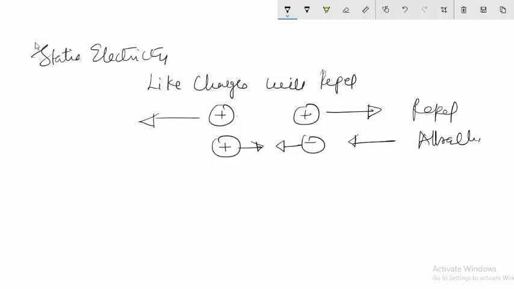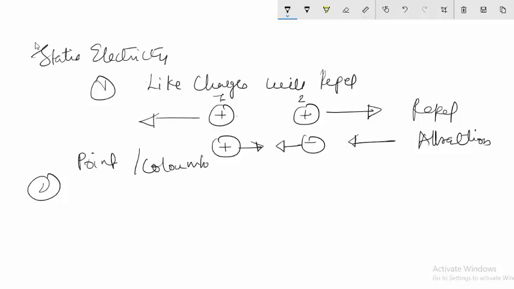The second thing about static electricity is that when you consider the force between two charges, we consider the charges to be point charges while defining Coulomb's law. The two charges you are considering are point charges, very small compared to their distances.